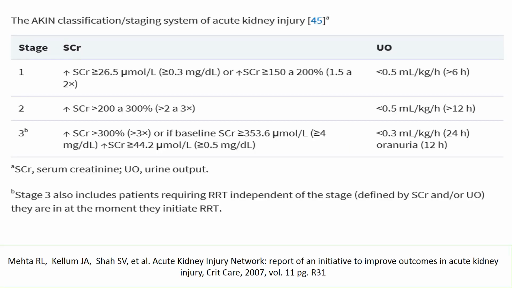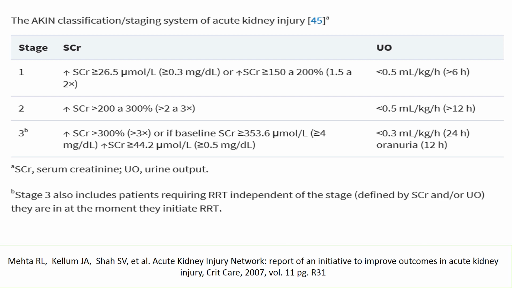Then, as I said, in 2007, the Acute Kidney Injury Network produced this classification system where their contention was the fact that most clinical estimations of creatinine clearance are imprecise.